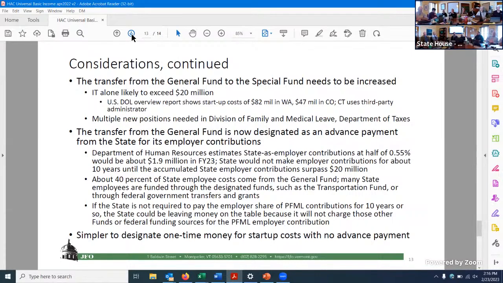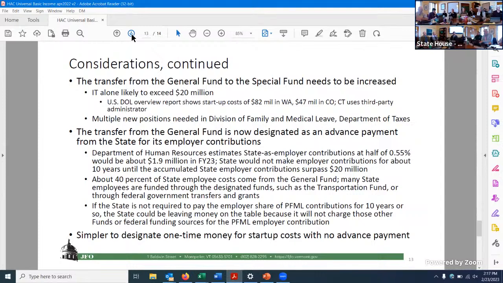So if the general fund transfers all of that $20 million over to the special fund, and we think that is standing in for future contributions by the state as an employer, it really means that the general fund should only be paying $8 million, right? 40% of the $20 million.